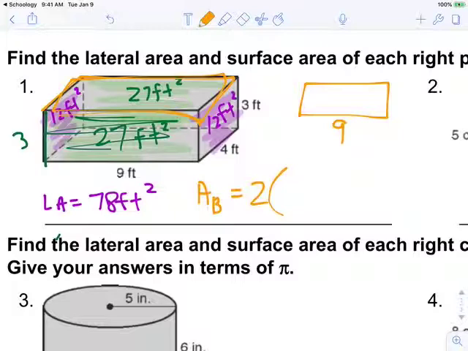What's the width of it, the shortest side? 4. So what's the area of one of them? 36. How many do I have? 2. So 2 times 36, and that gives me 72.